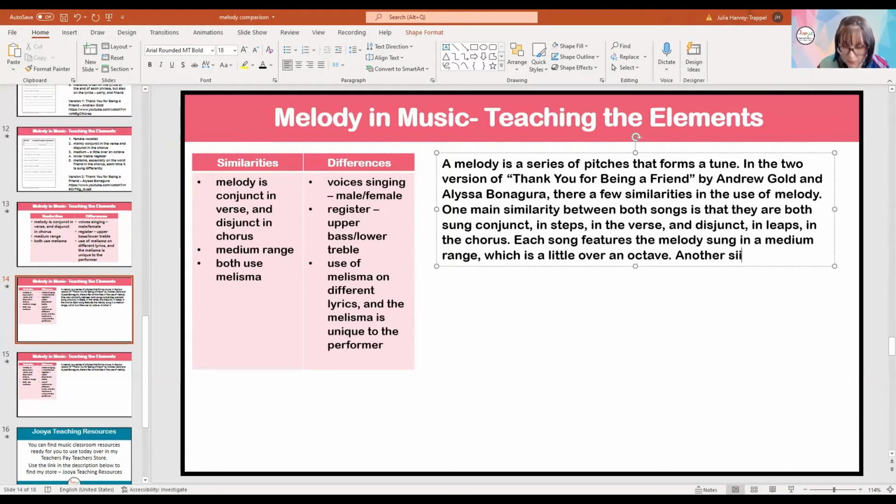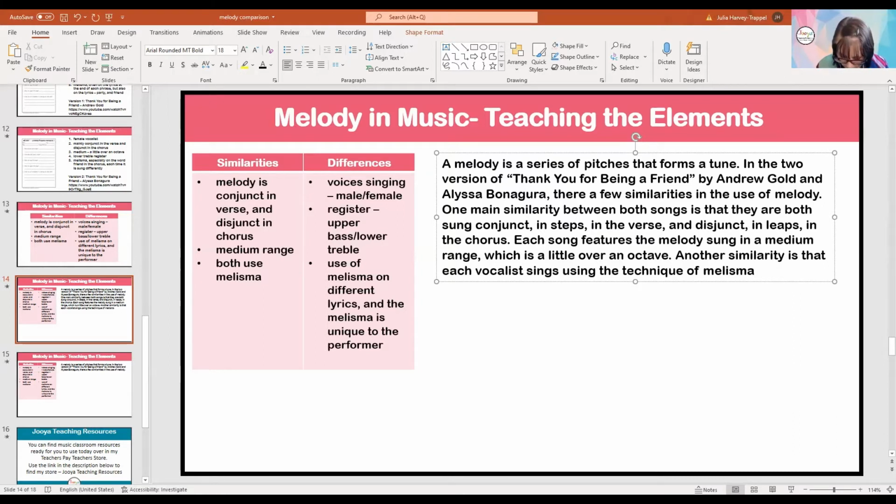Another similarity is that each vocalist sings using the technique of melisma.